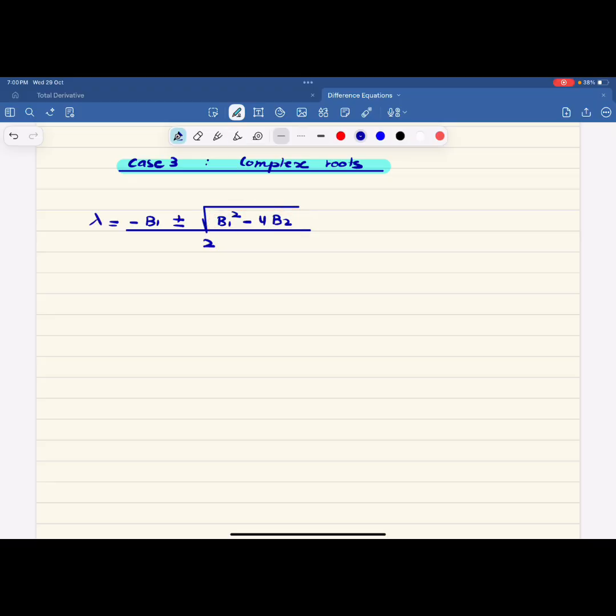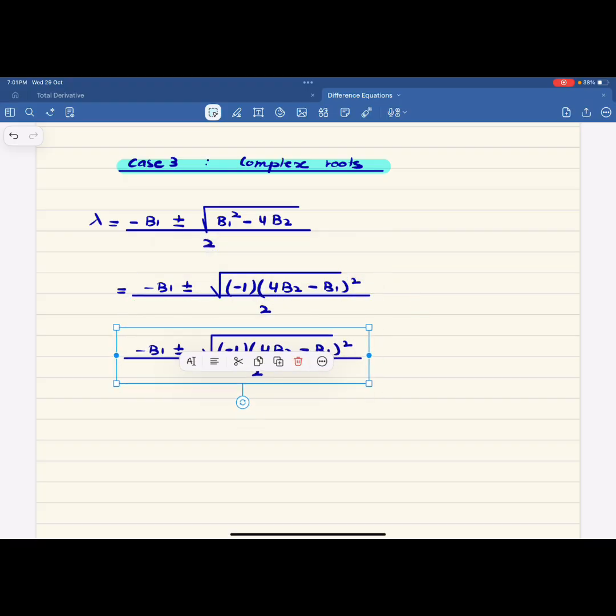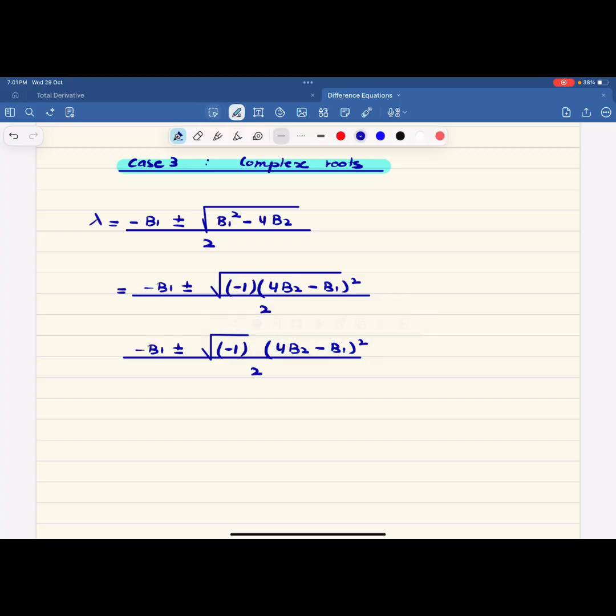So what I'm going to do is write it like this: minus β1 plus or minus the square root of minus 1 multiplied by (4β2 minus β1 squared). Since these two are being multiplied, I can write them separately, putting a square root on this one and a square root on that one.